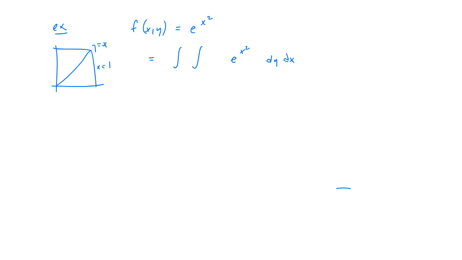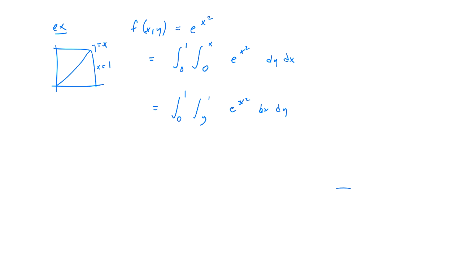So limits for y would be x, and x goes from 0 to 1. So that's one version. The other version is if I do it dx dy, then now the limits for x will go from the left function to the right function, so y to 1 and 0 to 1.